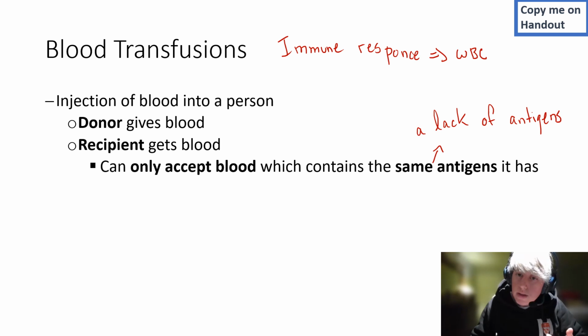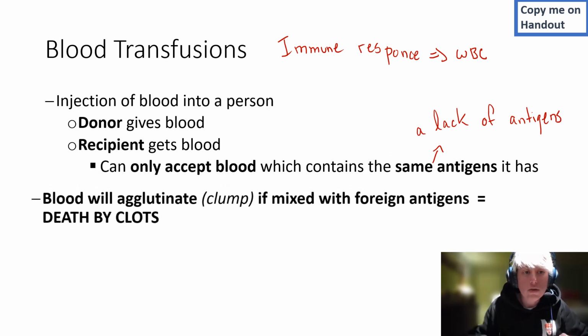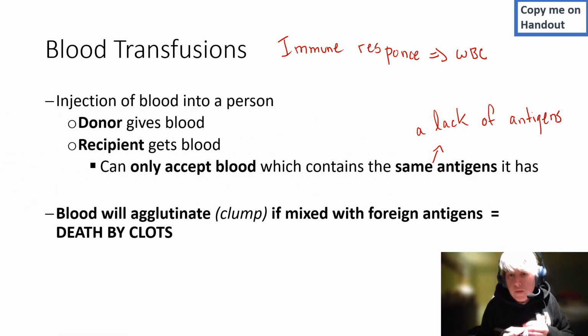And what do the white blood cells do when they mark something as foreign? They attack it. So what would happen is that the blood will agglutinate, and agglutinate means clump. So basically, these individuals will get lots of microscopic blood clots happening throughout their entire body. And this can actually be extremely dangerous because depending on where these blood clots happen, well, if it happens in the brain, that can cause a stroke.